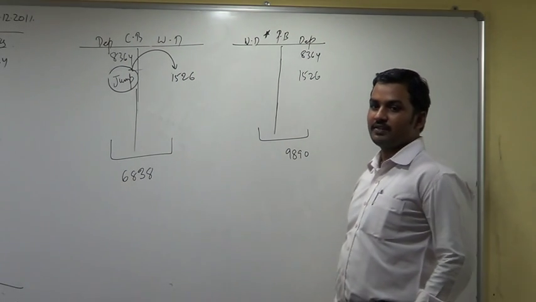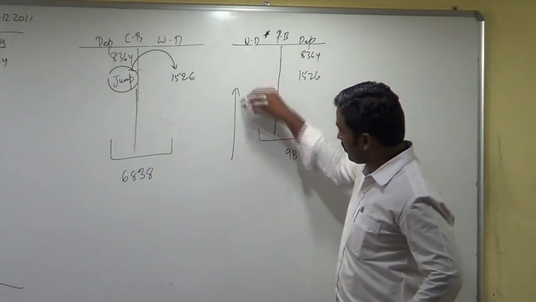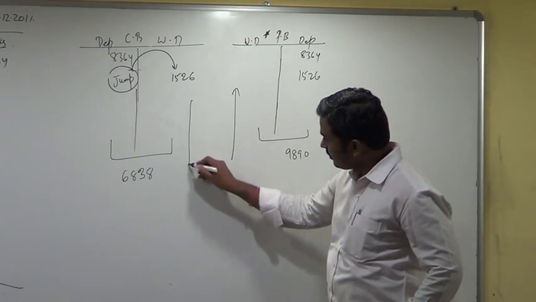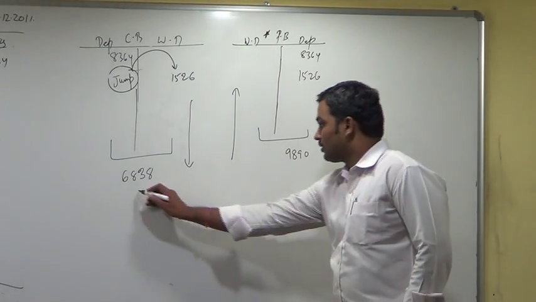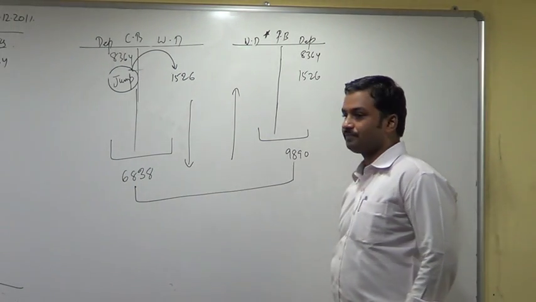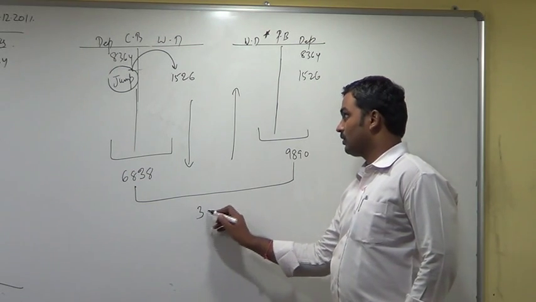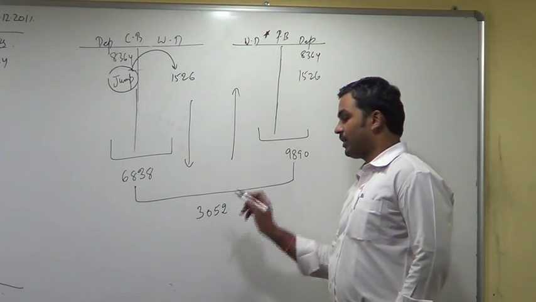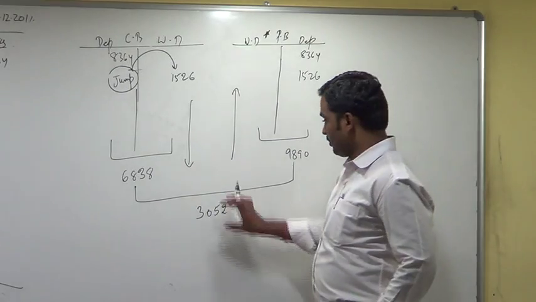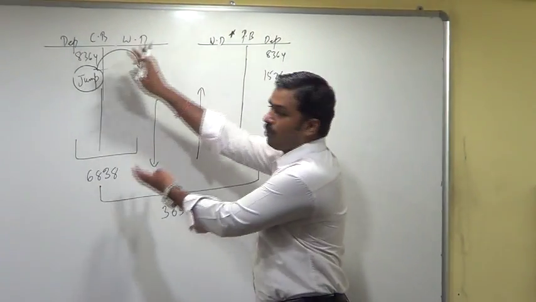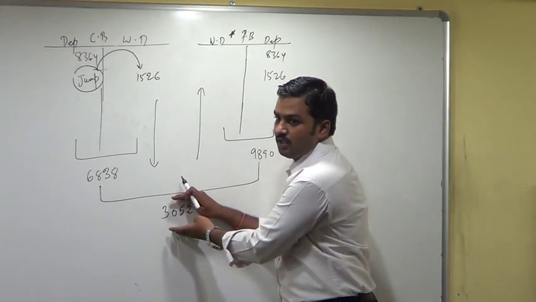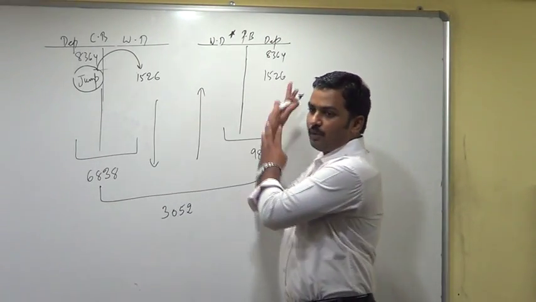Now tell me which balance has increased, which balance has reduced. What is the difference? 3052 is the difference. By this amount, cash book is lower than the passbook. So what should you do to cash book to make it equal to passbook?